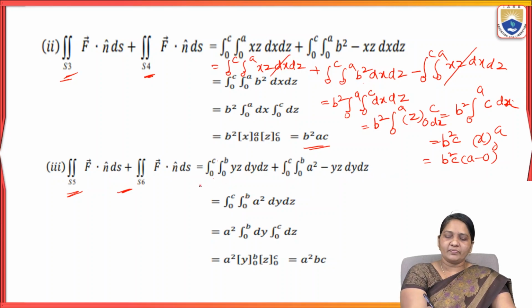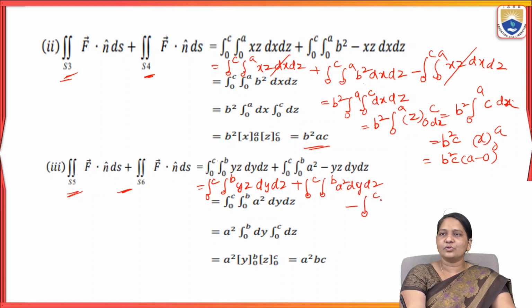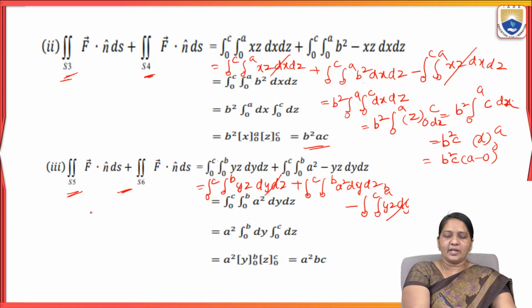So now we are simplifying this one: integral 0 to c, integral 0 to b, yz dy dz, plus integral 0 to c, integral 0 to b, a square dy dz, minus integral 0 to c, integral 0 to b, yz dy dz. So these two will be cancelled. Finally, I got here integral 0 to c, integral 0 to b, a square dy dz.